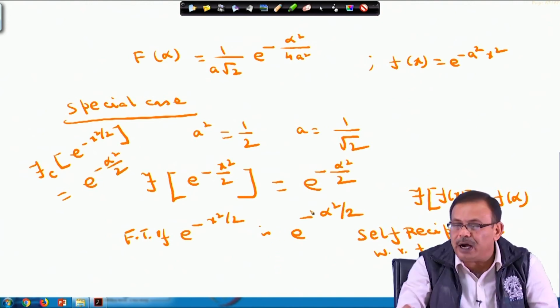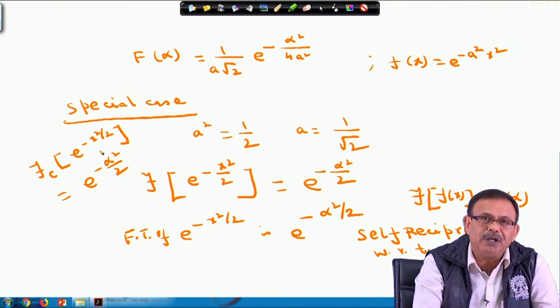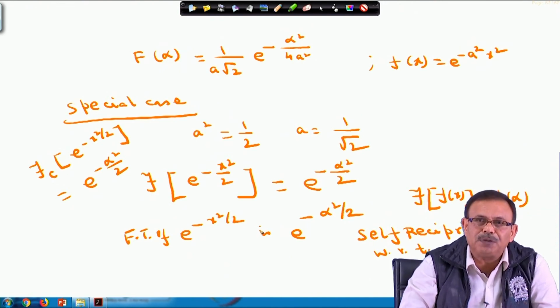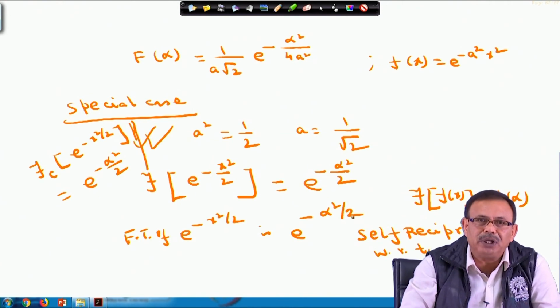Therefore, we can say that the function e^(-x²/2) is self reciprocal with respect to the Fourier transform as well as with respect to the Fourier cosine transform. You should check this problem on your own, which I am not doing.